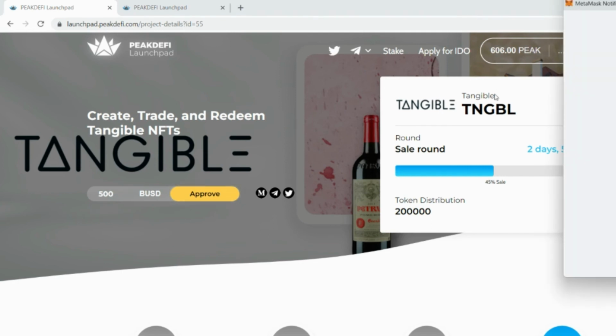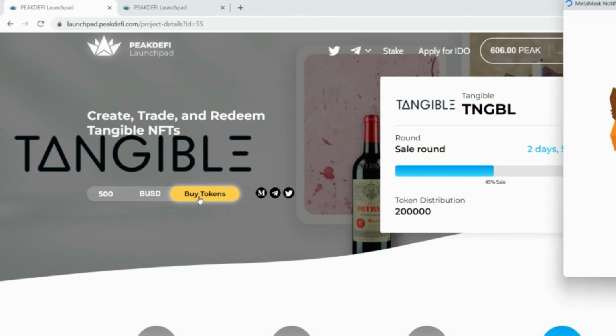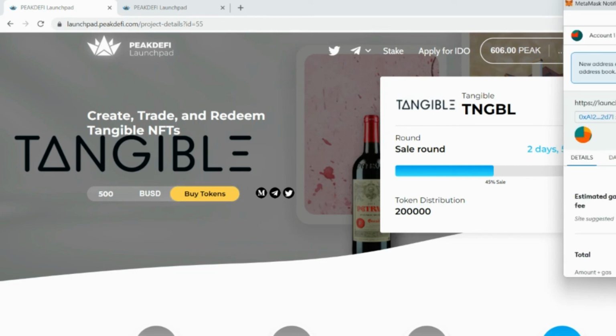Now MetaMask opens, and I can confirm here the transaction. Now you can see here down there, it's pending. Now it's approved. Perfect. And now you can click here, buy tokens. MetaMask opens again. And you need to confirm this.